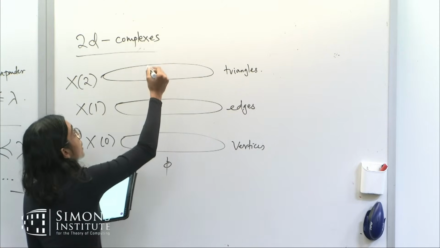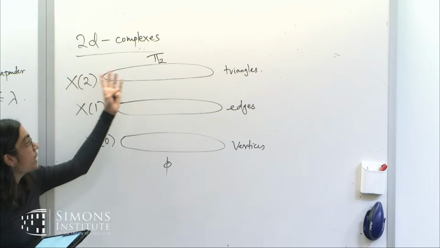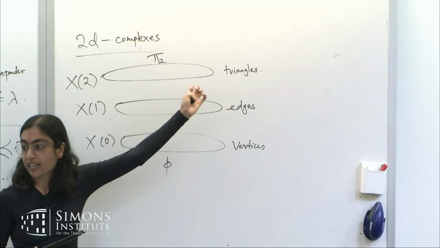So we will equip our complex with pi 2, which will usually be a uniform distribution over the triangles.